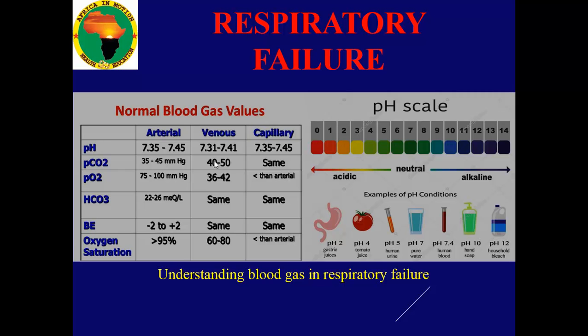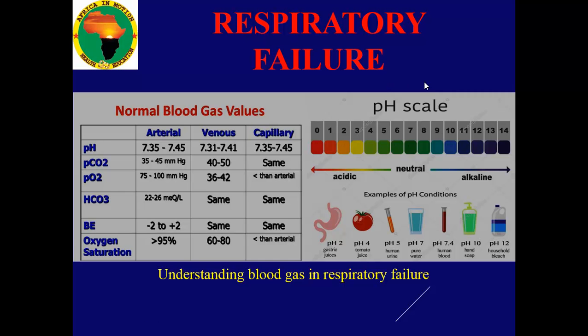Now, these are the gases, the blood gases, the gases that we find whether in the arterial blood or venous or capillary. But when you take blood, you check the gases in the arteries, you find that the pH is between 7.35 to 7.45. So when you talk about pH, neutral is 7.